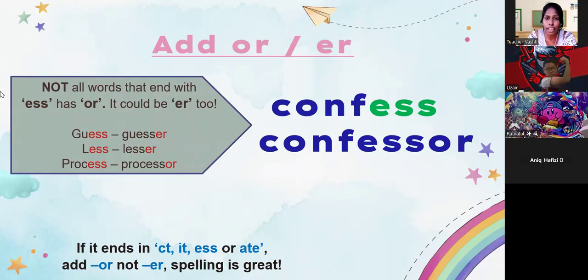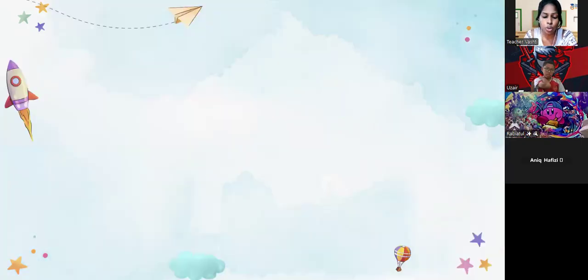Alright? Okay? Dengar ya, jangan main-main. Nanti jangan cakap cikgu kata OR sahaja. No. Kadang-kala perkataan yang habis dengan ESS, IT, CT, ATE boleh juga tambah ER. Tetapi, most of the words, kebanyakan perkataan, we will add OR. Okay? Do you understand?